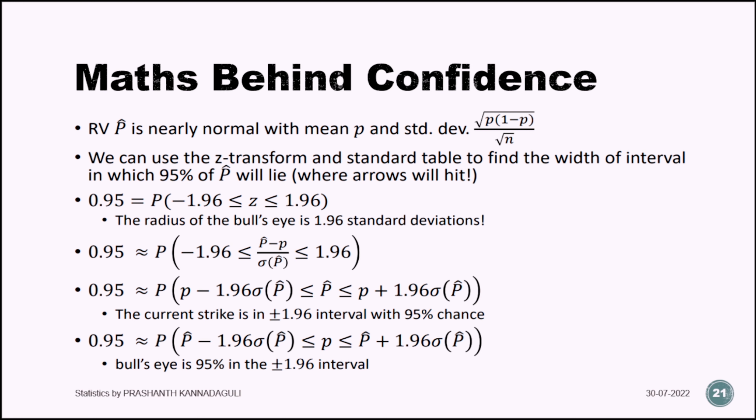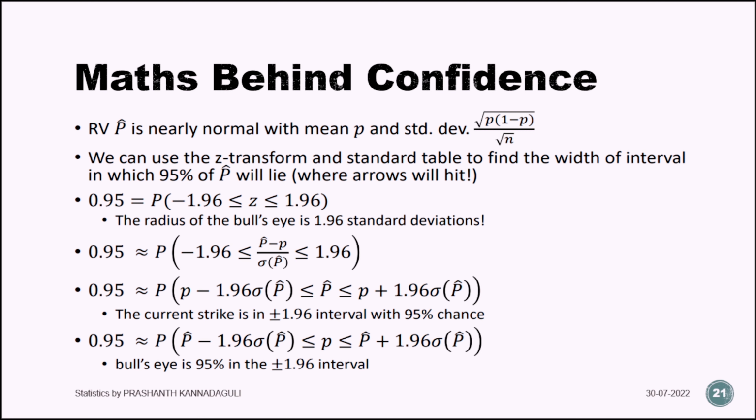So my point is still the same. I take a point and draw a 10 centimeter radius circle, keeping that point as the center of the circle. The meaning is that there is a 95% chance that the bull's eye is present over there. That is told in a different way like this, and can be written in a different fashion.